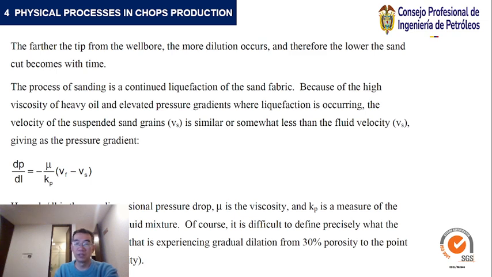Of course, it is difficult to define precisely what the permeability is in a medium that is experiencing gradual dilation from a certain percent porosity to the point of liquefaction.